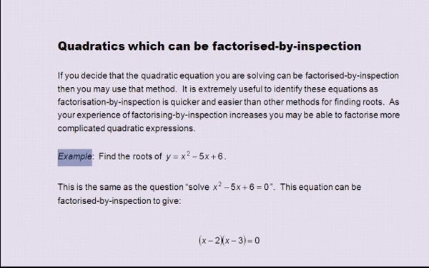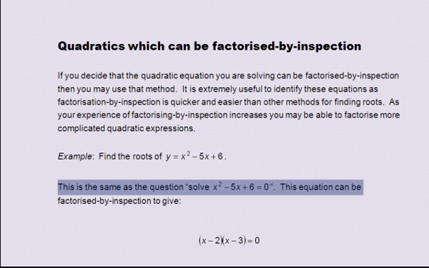Here's an example. Find the roots of y equals x squared minus 5x plus 6. This is the same as the question, solve x squared minus 5x plus 6 equals 0.